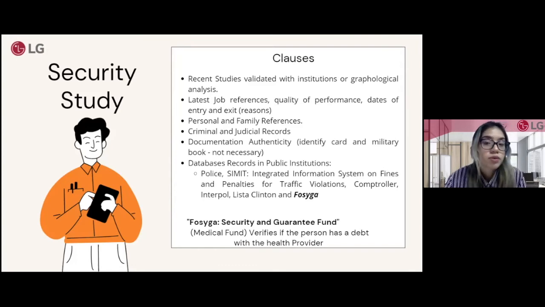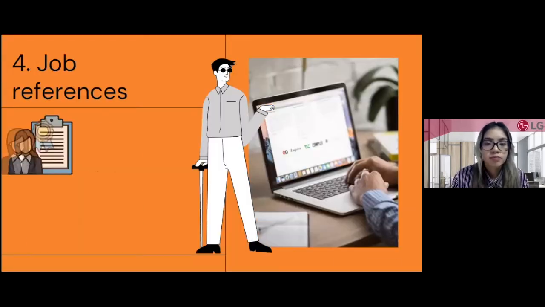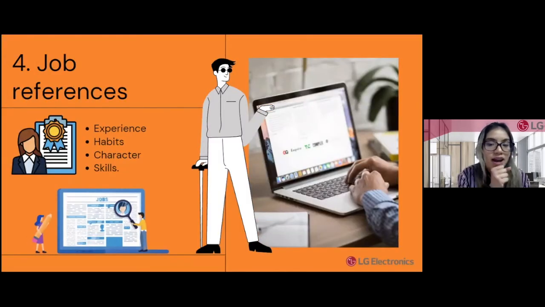He or she is well prepared enough to confront those legal compromises. Number 4, we have job references, which are basically experience, habits, the character itself, and the skills that the person can have.